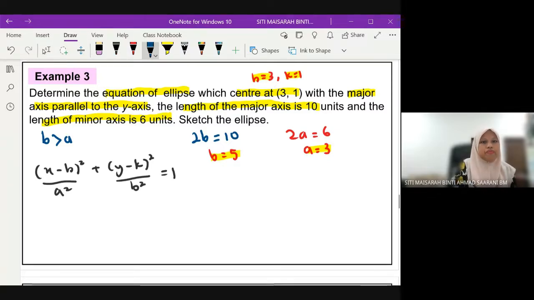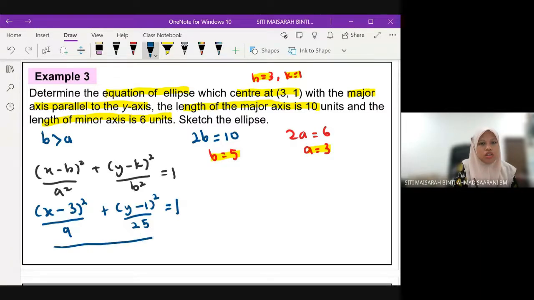So jadi (x tolak 3) square over a square, 3 square, 9, tambah (y tolak 1) square over 25, 5 square sama dengan 1. So this is your equation of ellipse.